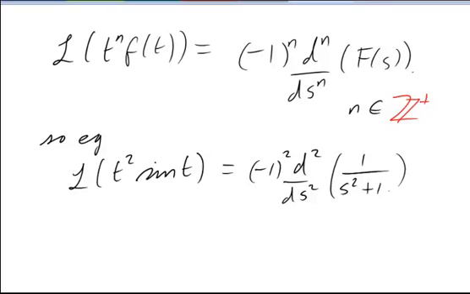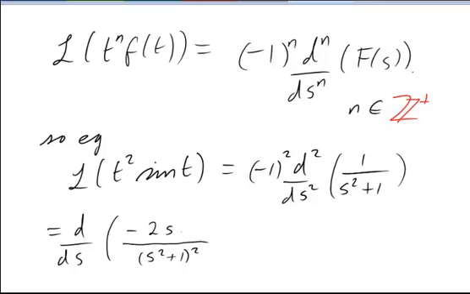The negative 1 squared becomes 1, so if we perform one of the differentiations using the quotient rule, we'll have the usual square of the denominator, and we'll have minus 2s on top. Then we have to differentiate again, so this time we get (s squared plus 1) all to the power 4.